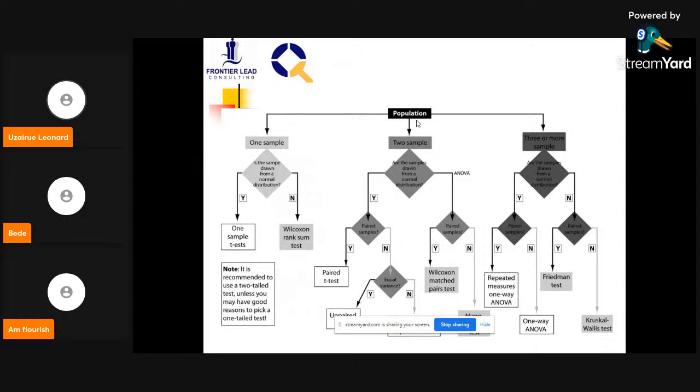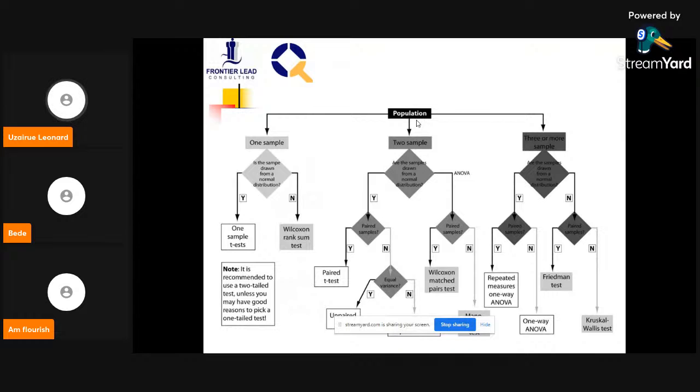For example, we know that there is already an established reference value for glucose, for total cholesterol, and all that. You may want to compare the cholesterol mean value of all your patients, let's say all the male patients that come to your hospital in a week, to your reference value for cholesterol.